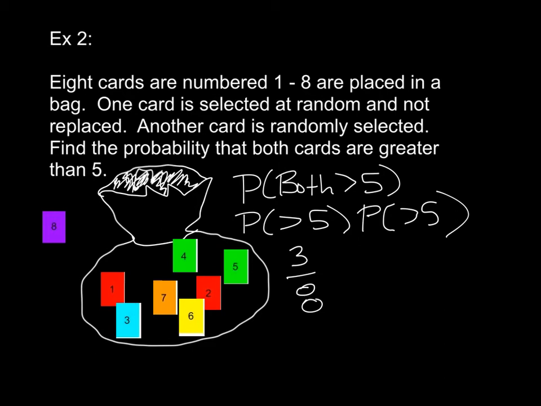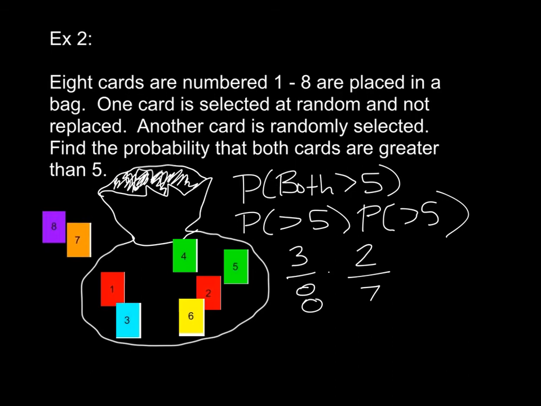So we'll pull one of those out. We had two possibilities, and before we pulled this 7 out, we had 1, 2, 3, 4, 5, 6, 7 total cards in our bag when we pulled one out.